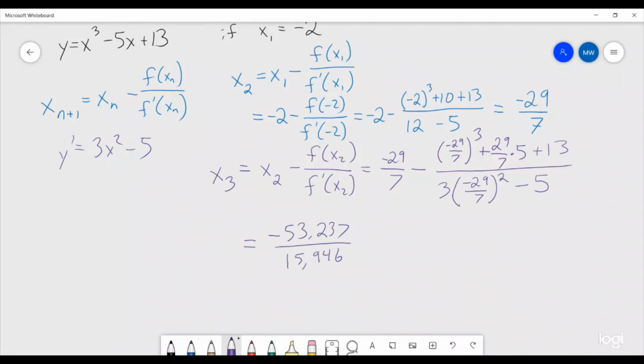That's the most simplified version, but that's going to be an approximation for the 0.